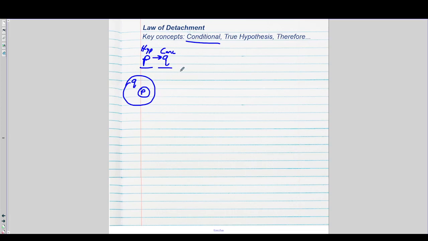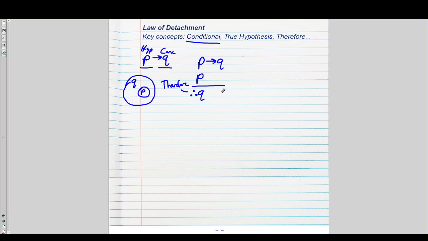So what the law of detachment states is we know if P then Q, and we know P. And we can conclude, we use this little three dot symbol, meaning therefore, we can conclude Q. So if we know if P then Q, that's given information, and we're given that P is true, then Q is also true.